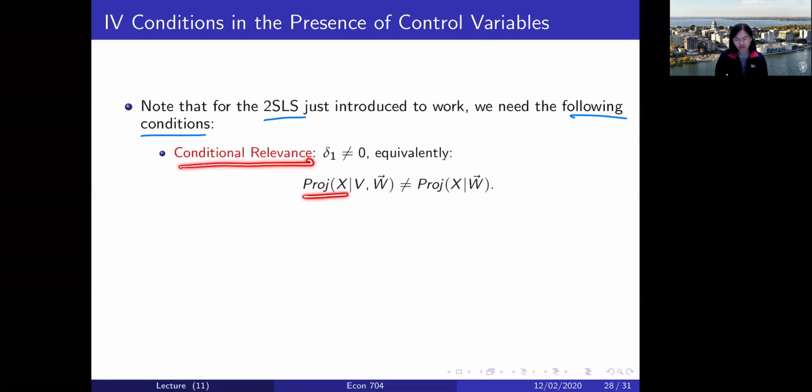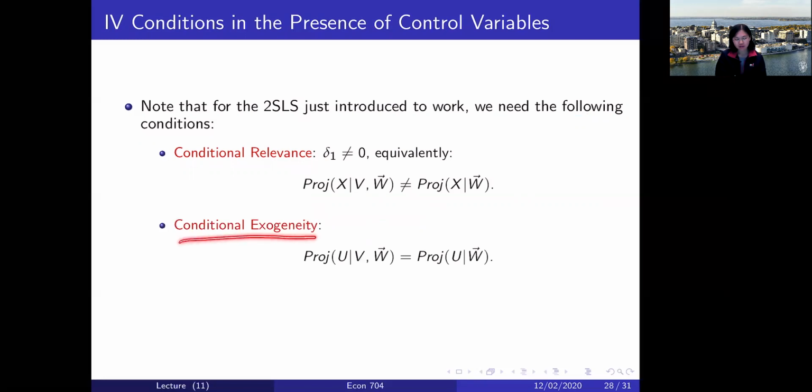That is, the projection of X on V and W actually contains V. If you write the projection as delta 0 plus delta 1 V plus delta 2 prime W, then this delta 1, the coefficient on V, should be non-zero. If delta 1 is 0, the conditional relevance assumption is not satisfied.